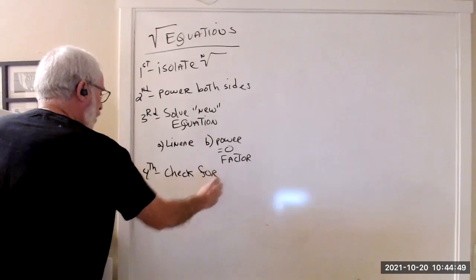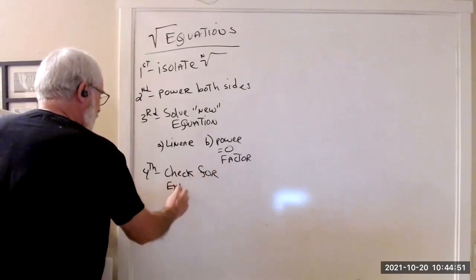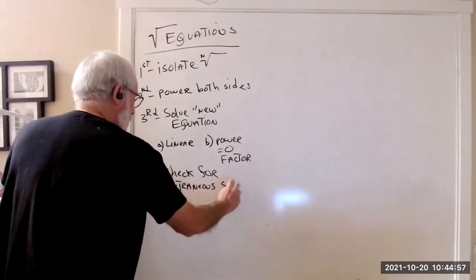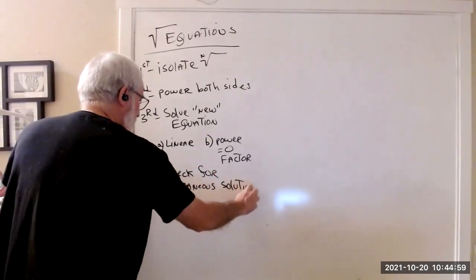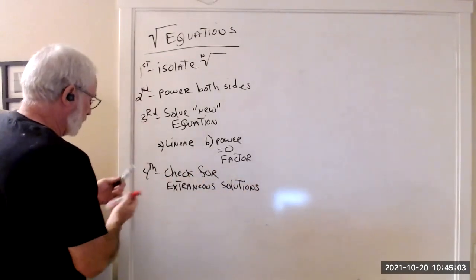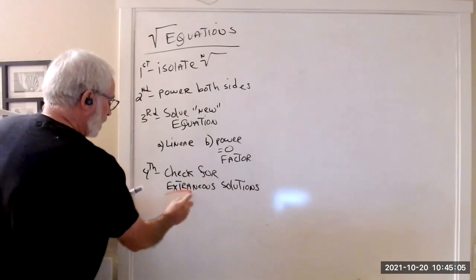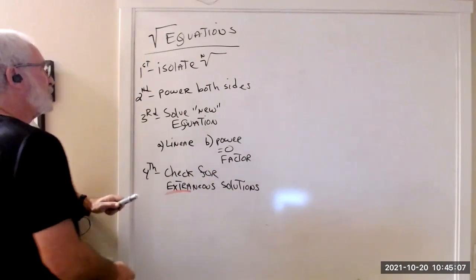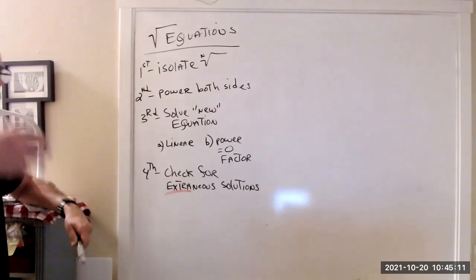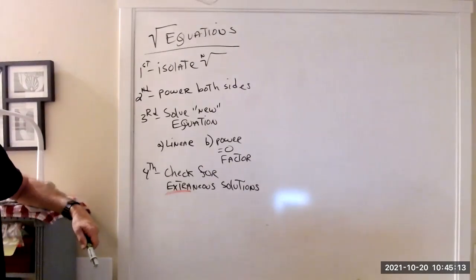for what's called extraneous solutions. Extraneous, the root word is extra. Okay, they're extra answers that don't work in the original. When you check your work, you always check your answers back in the original problem.